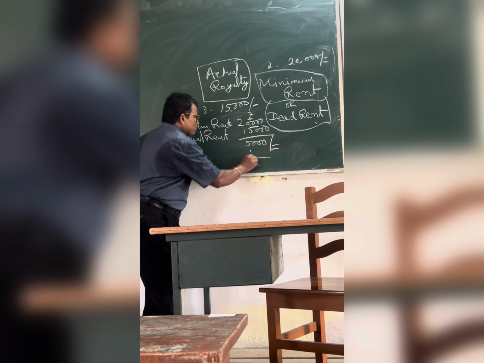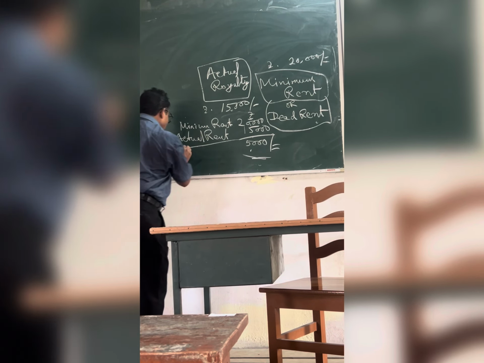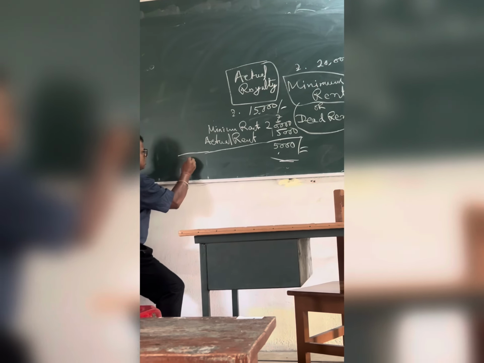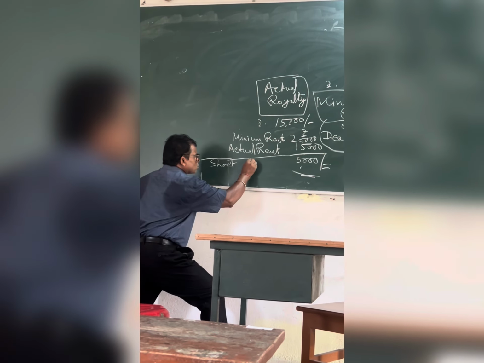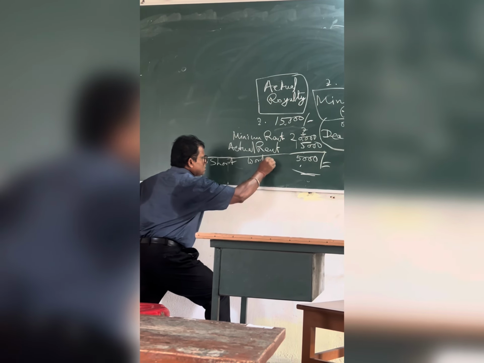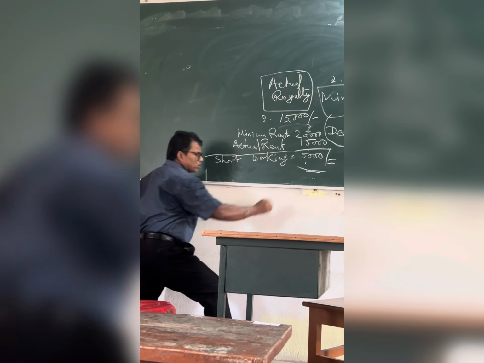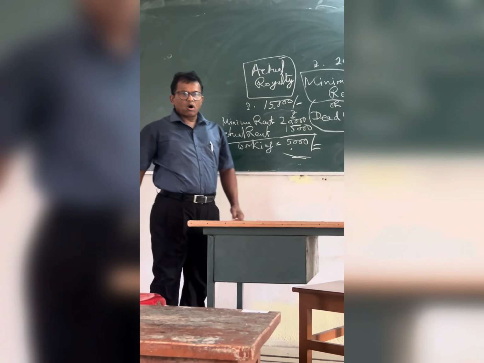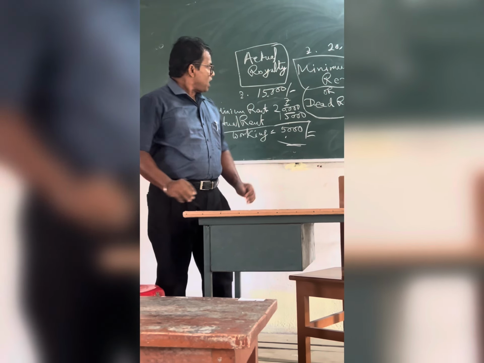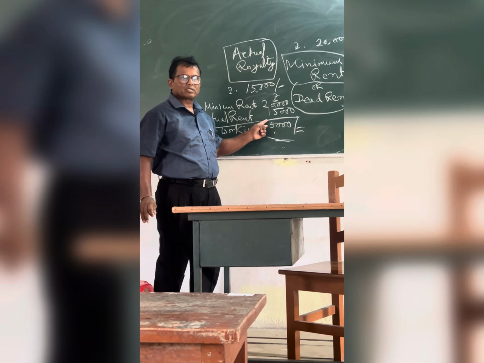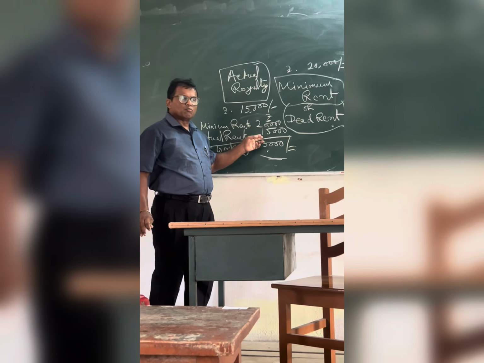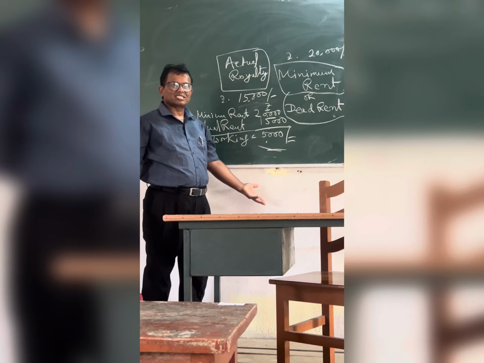This 5,000 has a name. This 5,000 is known as short working. Short working means the excess of minimum rent over actual rent. If actual rent is more, there is no short working.